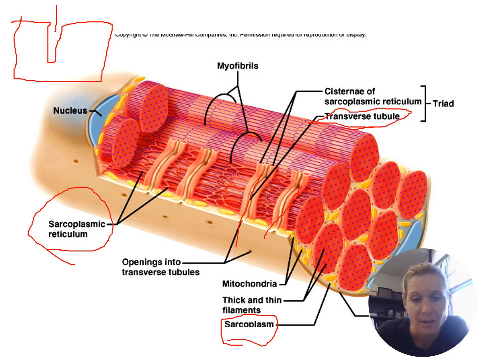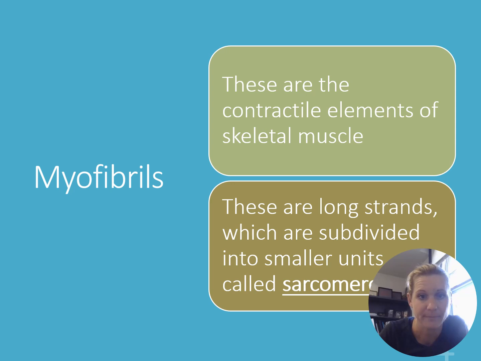Again, we've identified sarcoplasm, transverse tubules, sarcoplasmic reticulum, and we can see these myofibrils, which are protein filaments, and we'll talk about the different types of myofibrils coming up. Myofibrils are protein filaments or contractile elements within the skeletal muscle. These are long strands that can be subdivided into smaller units known as sarcomeres.